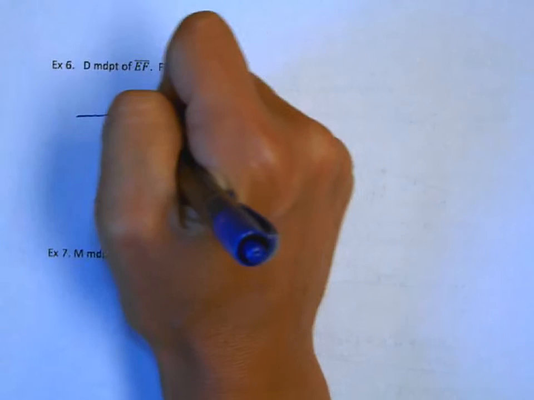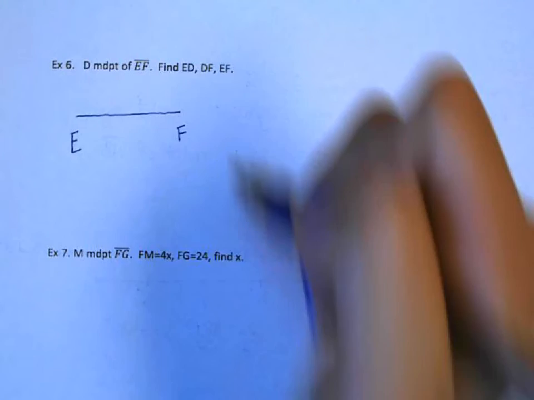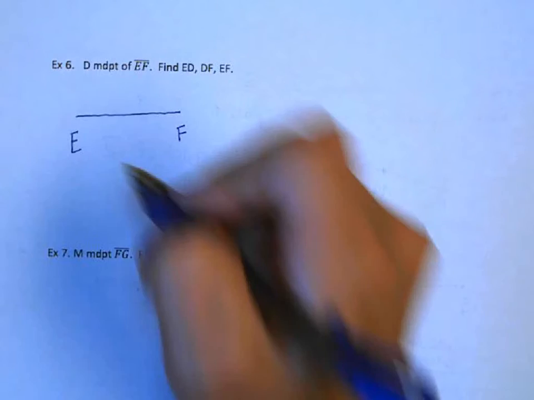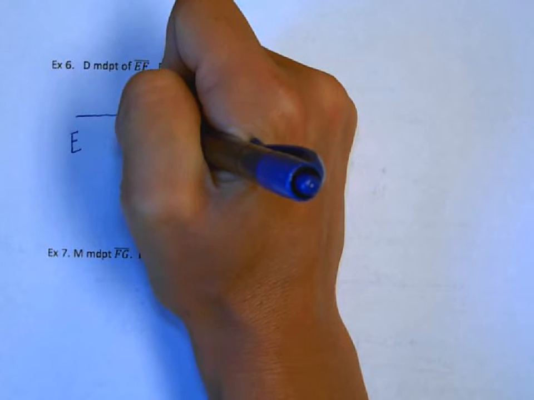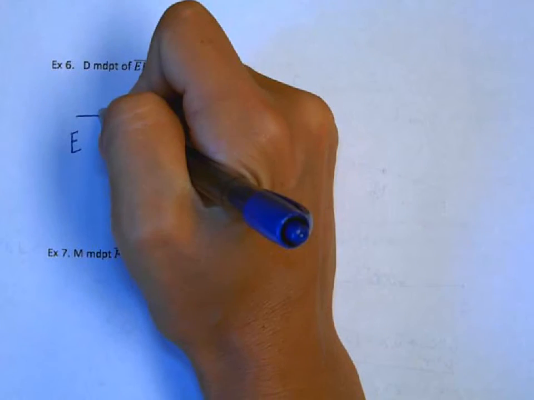Doesn't matter how long you draw it. E, F, then what? Add to it, Avery. The midpoint. We're going to label it D. What do I need to add to the picture to make that the midpoint? Tick marks.